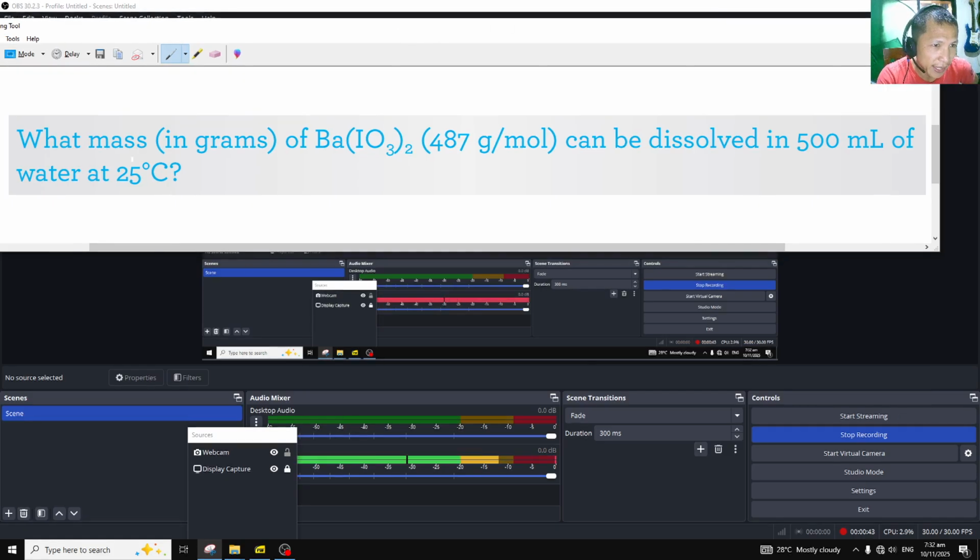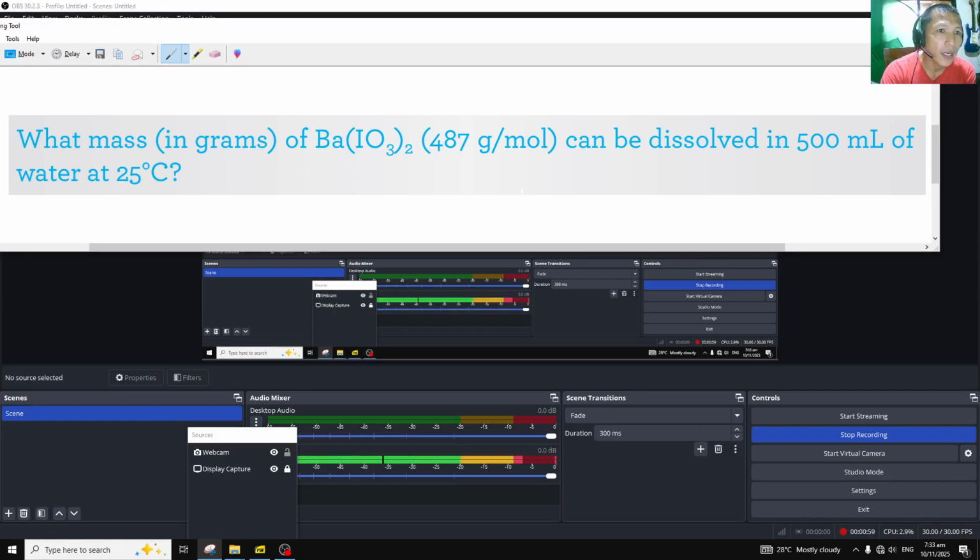What mass? So the problem is, in grams of barium iodate, Ba(IO3)2, can be dissolved in 500 ml of water at 25 degrees Celsius.